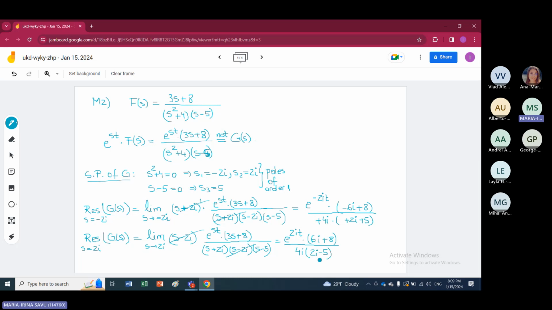Okay, and in this case, we must add them and make some simplifications, but first let's find the last residue.